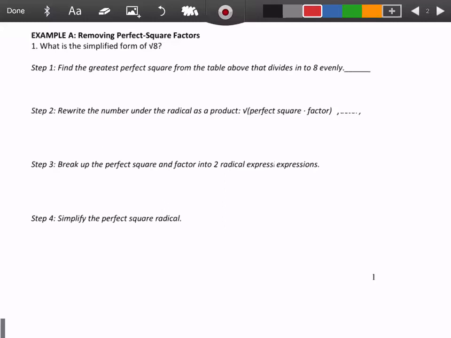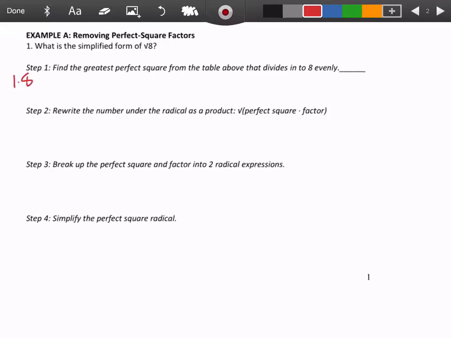So what is the simplified form of the square root of 8? First we need to find the greatest perfect square from the table above that divides into 8 evenly. So again, think of the numbers that divide into 8. You could think of 1 and 8, because 1 times 8 gives us 8. 4 and 2, right?